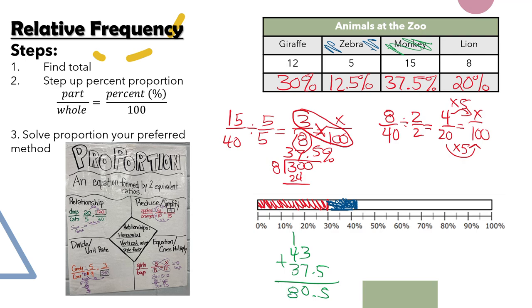So basically, I should be stopping about 80.5 and then leave the last little 20% for lions. There you go. Let's try one more, and then I will leave you a couple of practice problems to try on your own.